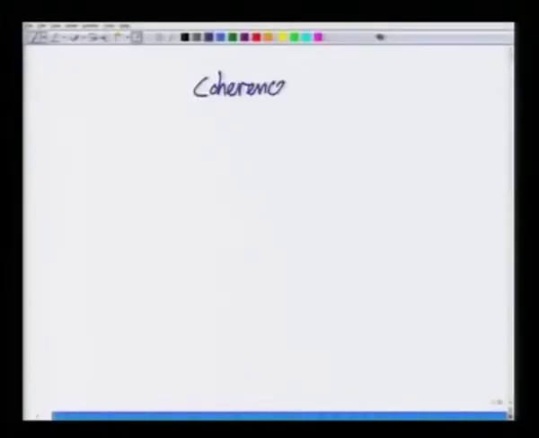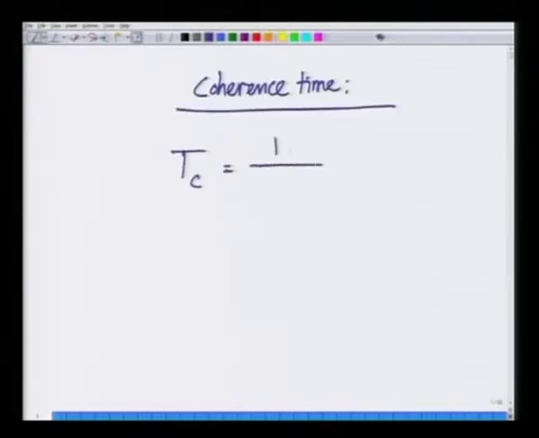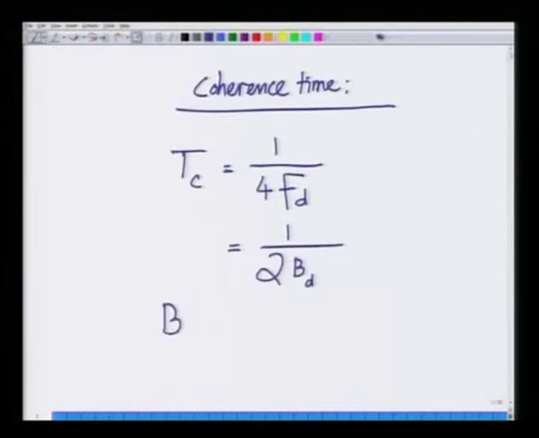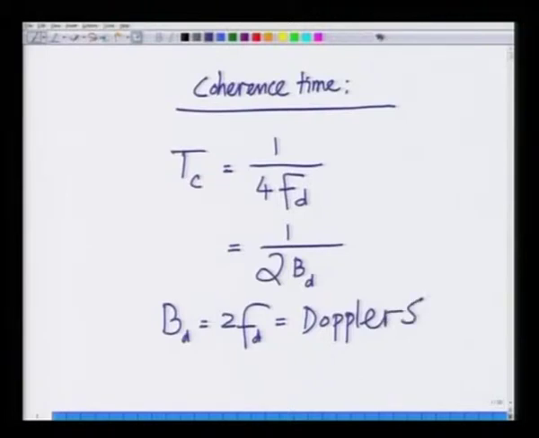Let us refine this notion of coherence time. Coherence time T c equals 1 over 4 f d. I can also write this as 1 over 2 B D, where B D equals 2 f d, which I define as the Doppler spread.